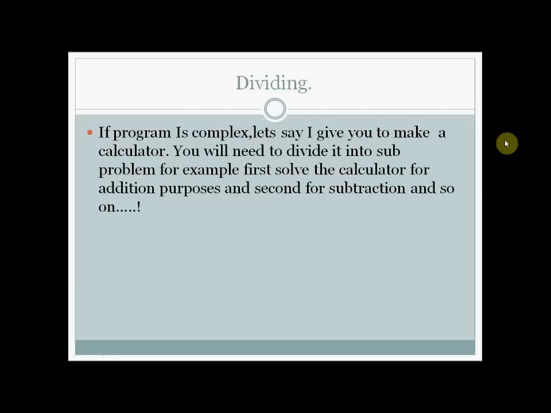For example, let's say a calculator. If you are making a calculator, then it's better to divide this program into subprograms like addition, subtraction, and then combine these programs to make a calculator.